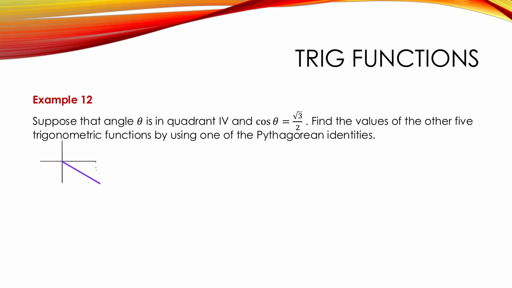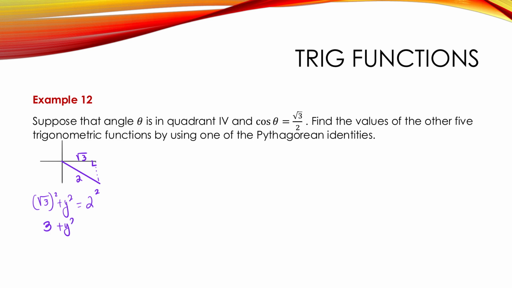So in this case, we have our angle somewhere here in the fourth quadrant where the cosine is adjacent, root 3 over hypotenuse 2. And we can already see our y is going to be negative because it's below the x-axis. So we know that root 3 squared plus our y squared has to equal 2 squared.